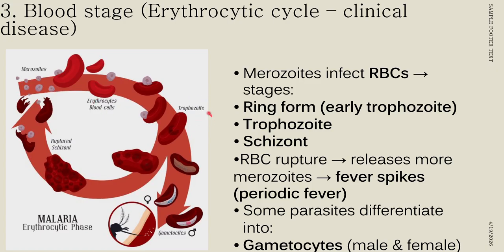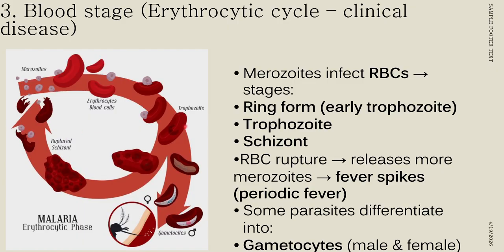This trophozoite then becomes a schizont again, and this schizont again ruptures and releases more merozoites into the blood. Because of this release of merozoites, it causes fever spikes or periodic fever due to the action of the immune system.